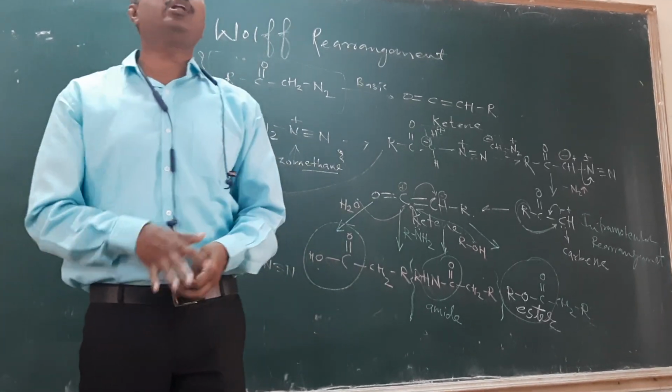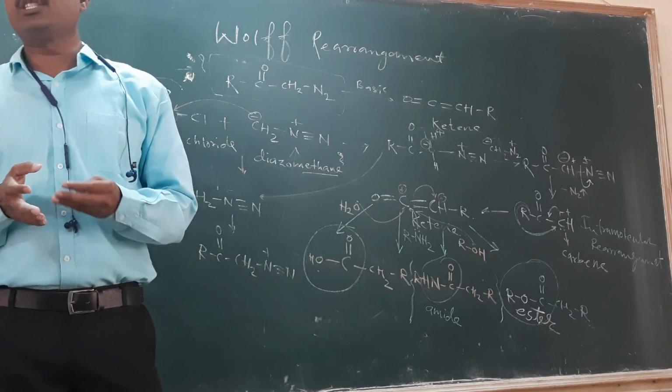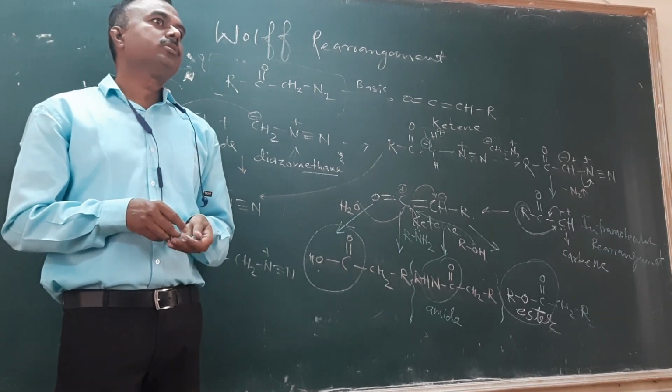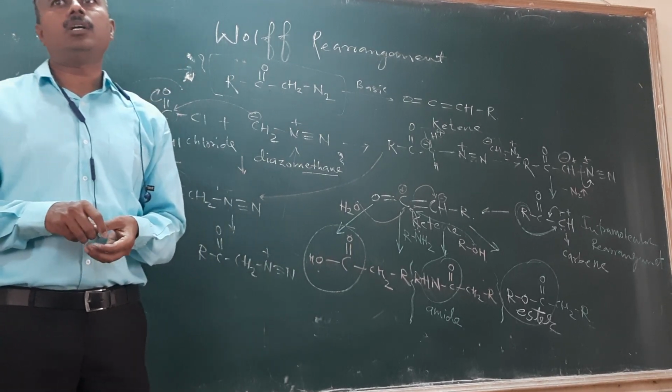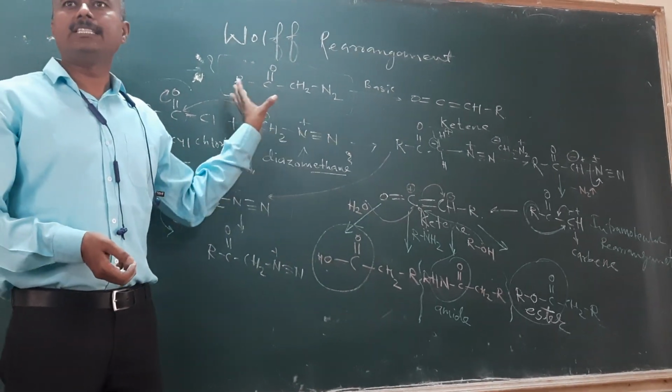So this is called the Wolff rearrangement. So in Wolff rearrangement, what are the things you need to understand? Wolff rearrangement may start from acyl chloride, where diazomethane is added.